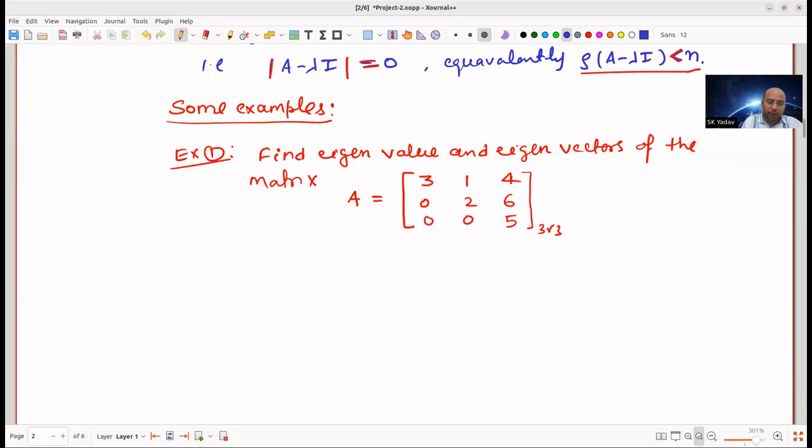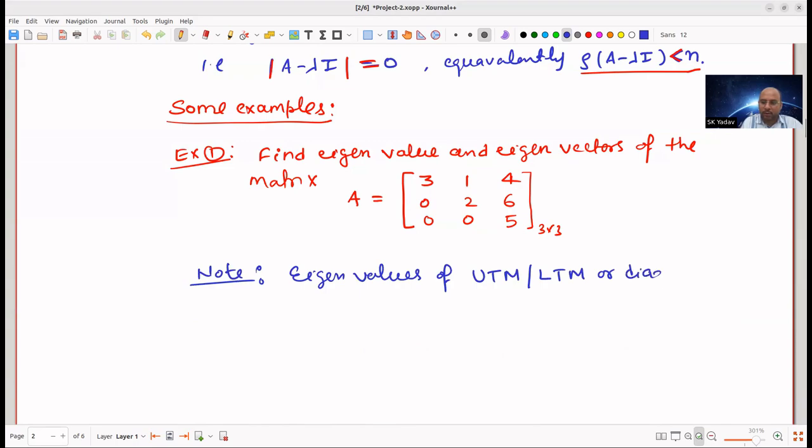So we already know that you can note down that the eigenvalues of an upper triangular matrix (UTM), lower triangular matrix (LTM) or diagonal matrix are the diagonal elements.